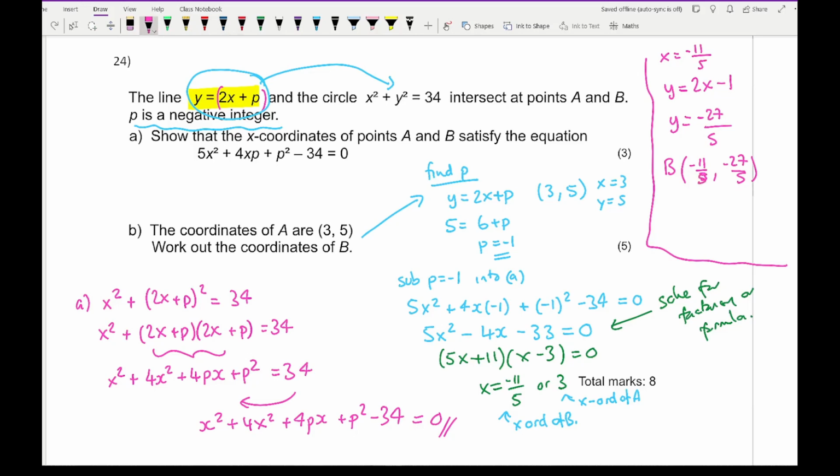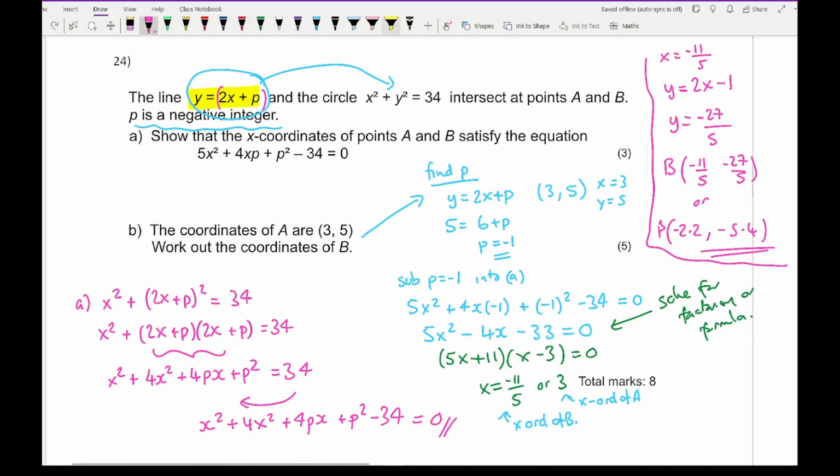Writing the right one. So minus 11 over 5 is minus 2.2, or minus 27 over 5, which gives me an answer of minus 5.4. So any of those two representations of the coordinates of b is going to be absolutely fine.